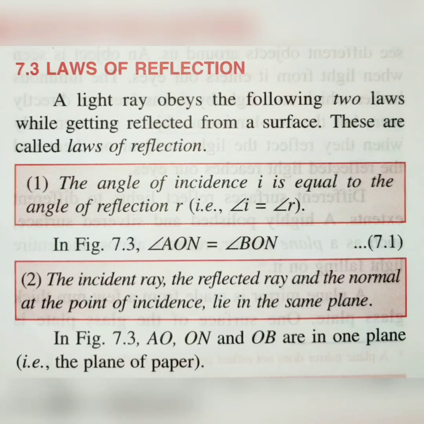In both regular and diffuse reflection, the light obeys both laws: the angle of incidence equals the angle of reflection, and the two rays and the normal lie in the same plane.